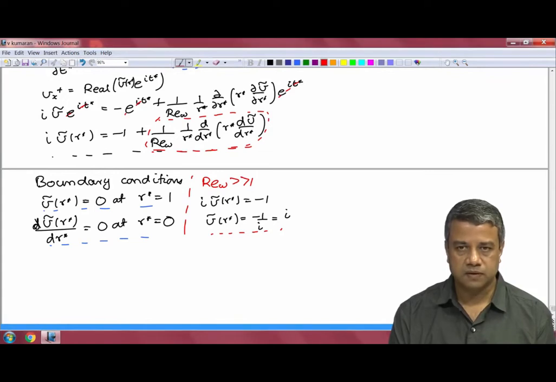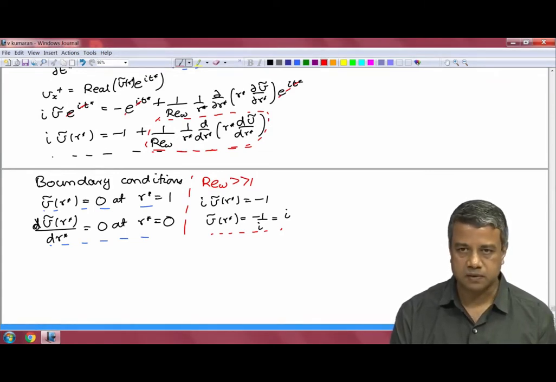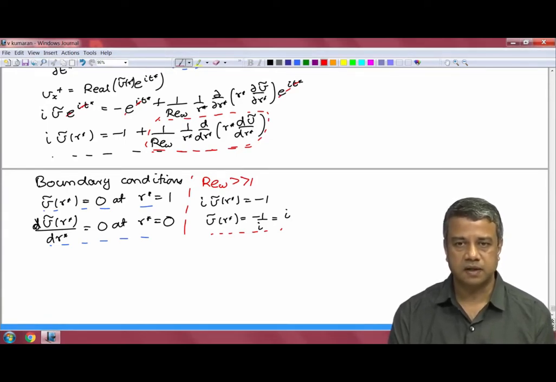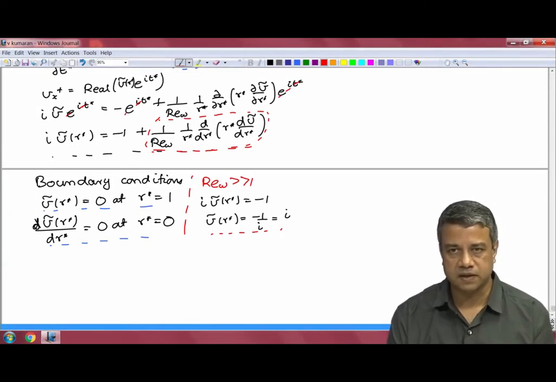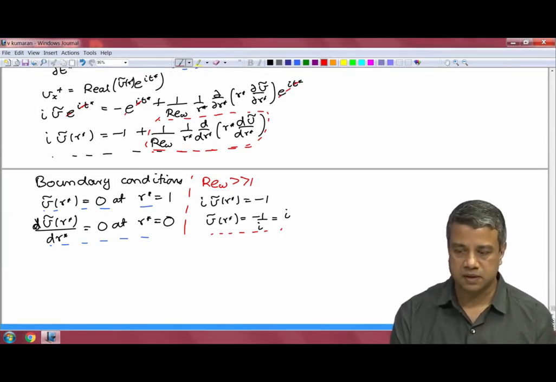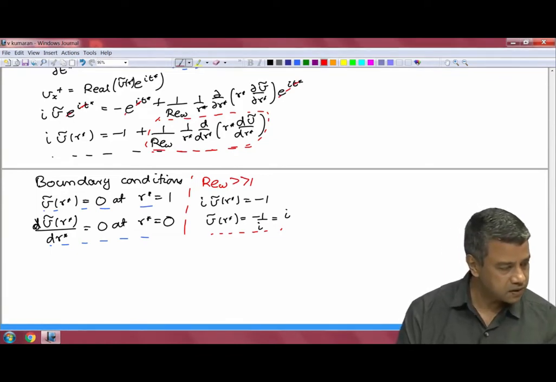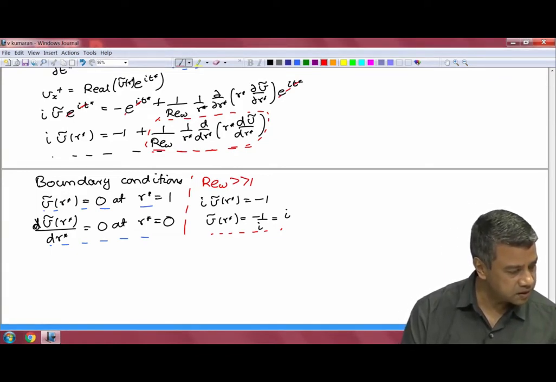When we neglect diffusion, there was no momentum transport to the wall, and therefore, the velocity cannot come down to 0 at the wall. There is no retardation effect due to the stress exerted by the wall, and because of that, the velocity cannot come to 0 at the wall, and therefore, you cannot satisfy the velocity boundary condition.